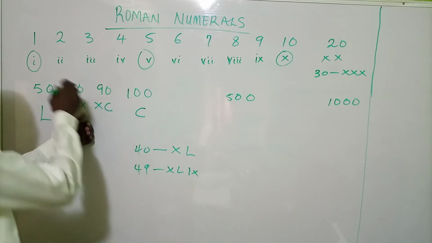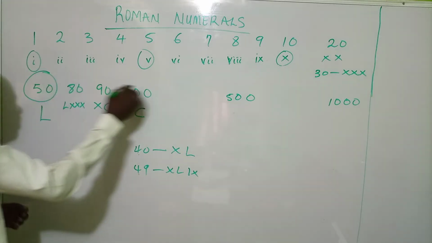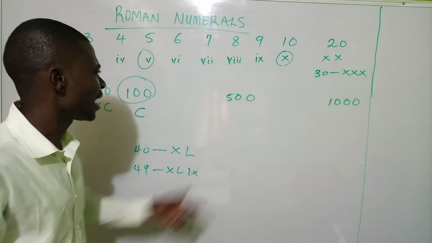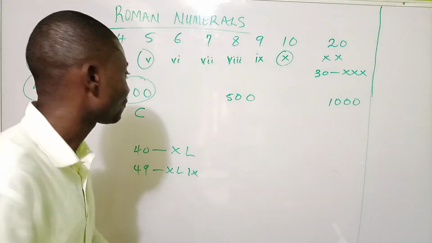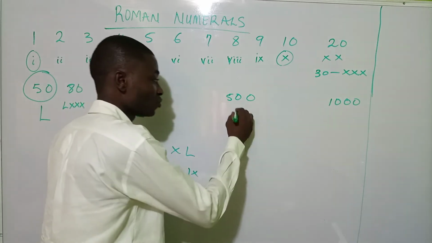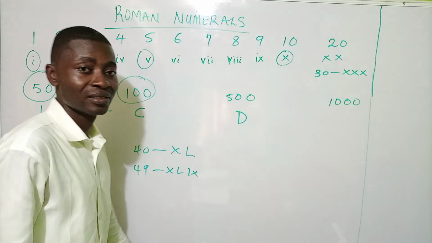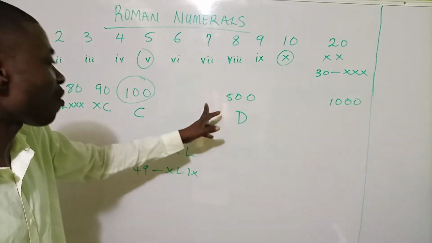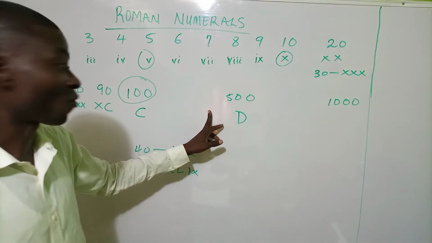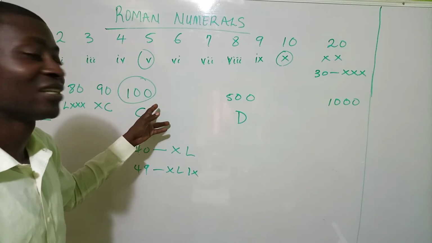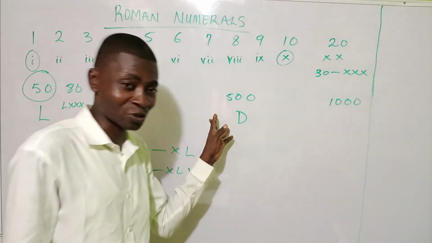So again, the key numbers are 50, 100. Now the next one is 500. So what is 500? 500 is D. So if you want to get 400, what will it be? Of course, since you know 100 to be C, if you want to get 400, what comes to your mind?